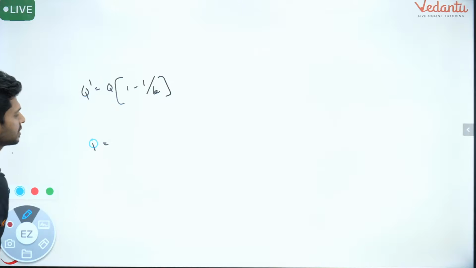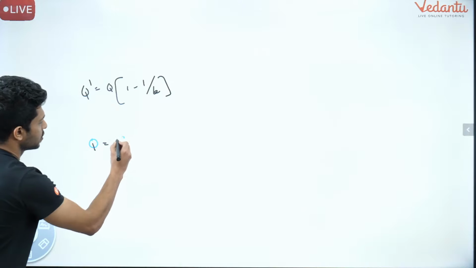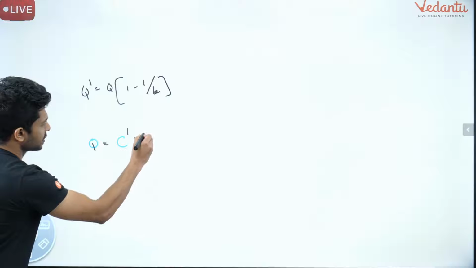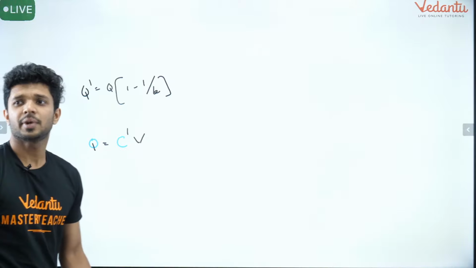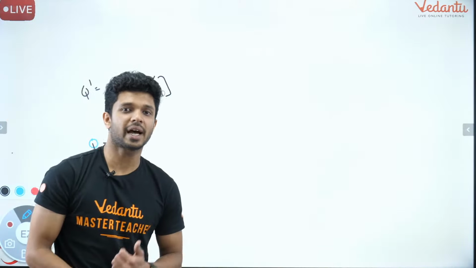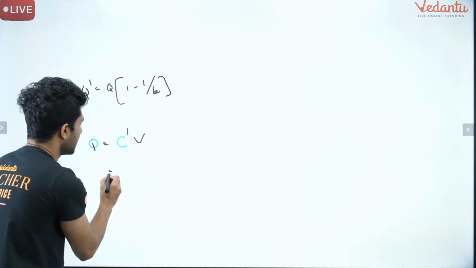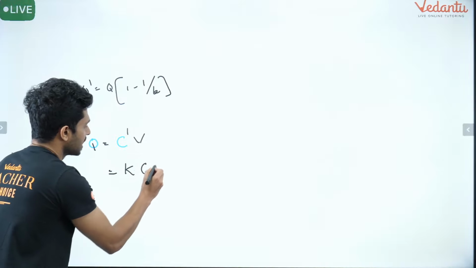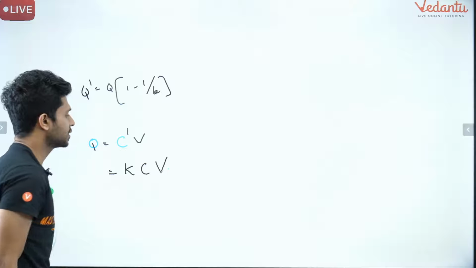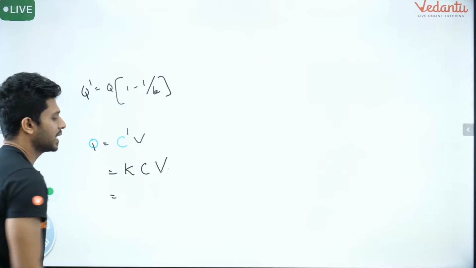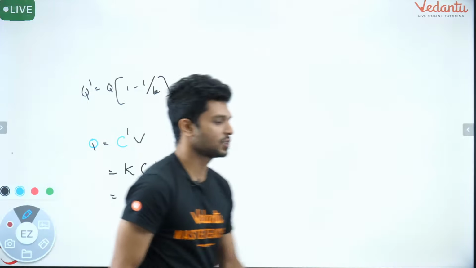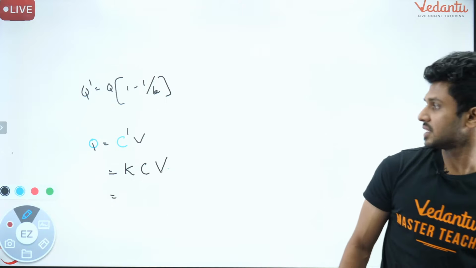Q is equal to, what is the formula? Q is equal to C dash into V. Why C dash? Because we are talking about the new capacitance, right? And we have already proved that C dash is equal to K into C. So what are K, C and V? We'll take them from the previous case.